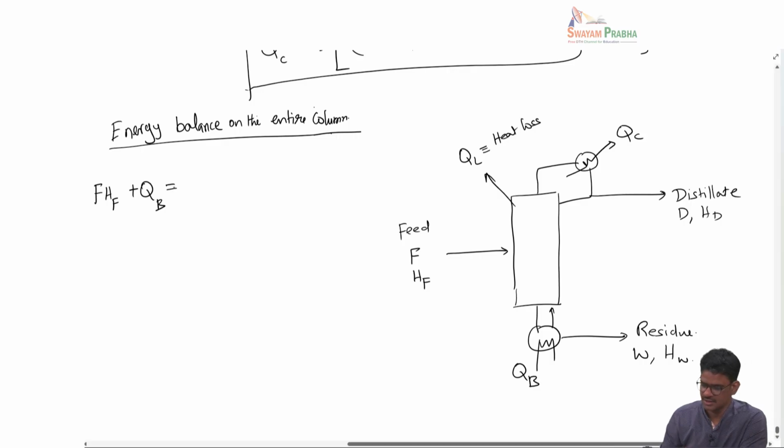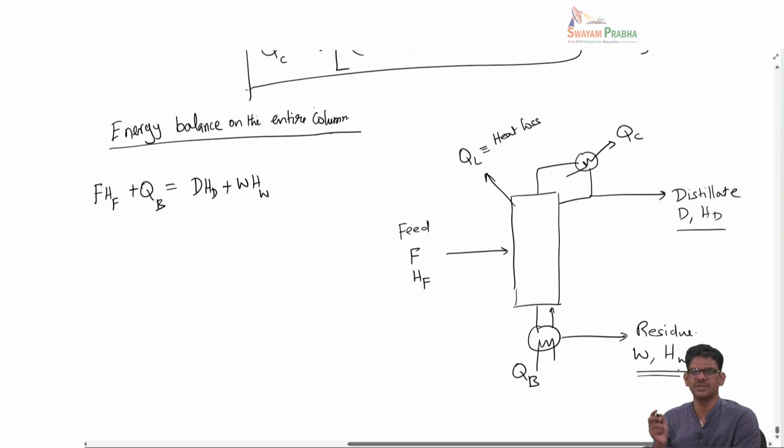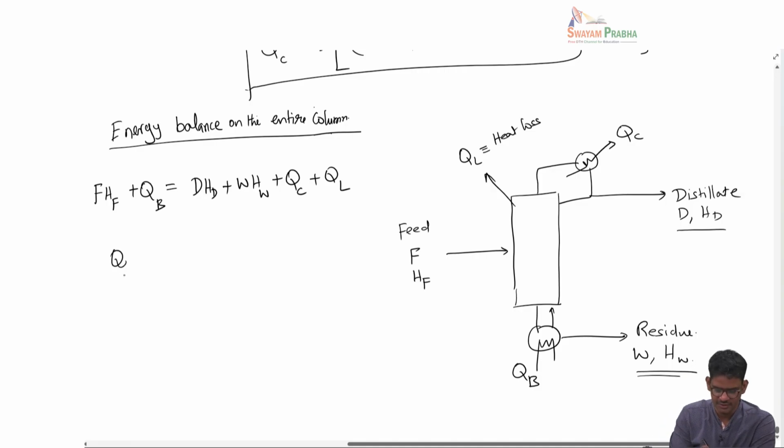And what is going out are the two product streams, D times HD and W times HW. These are the enthalpies associated with the distillate and residue, plus the heat removed in the condenser, plus the heat that is lost. So from here you can solve for QB.